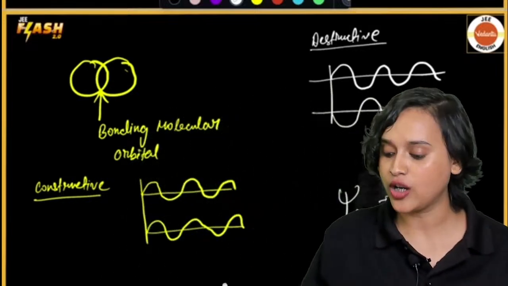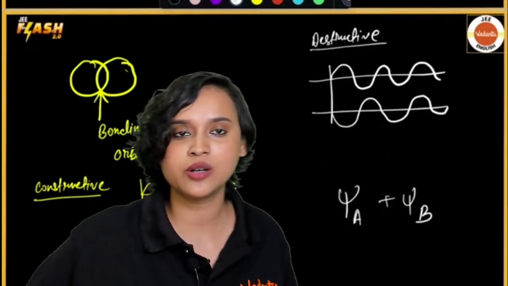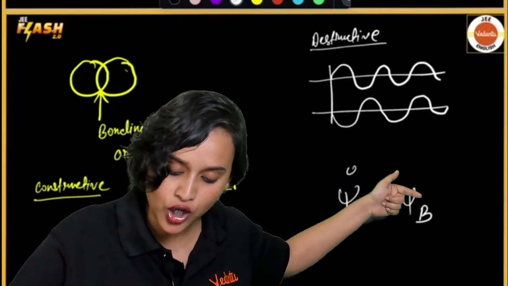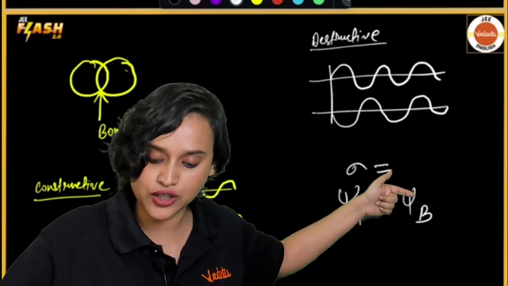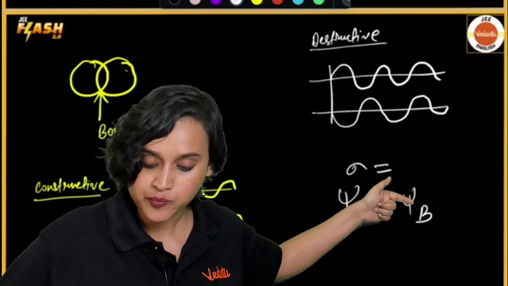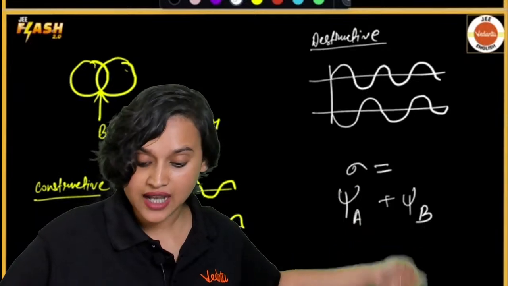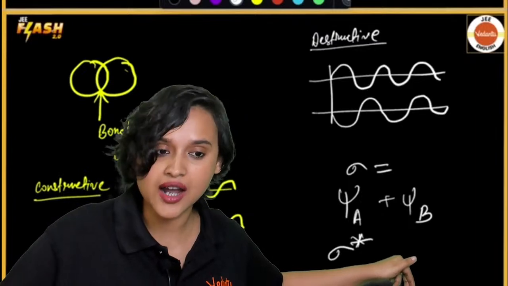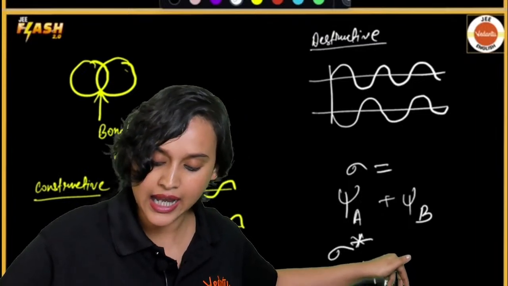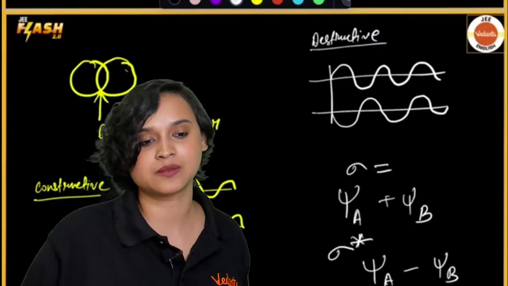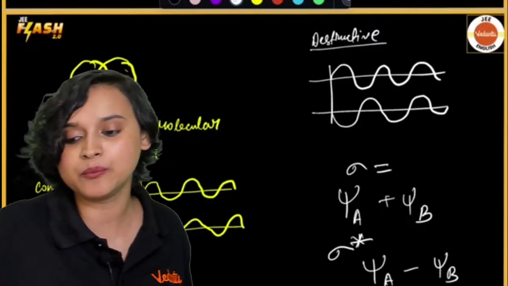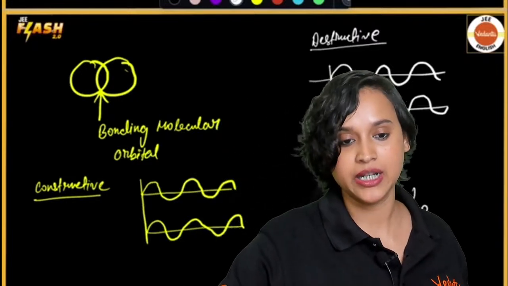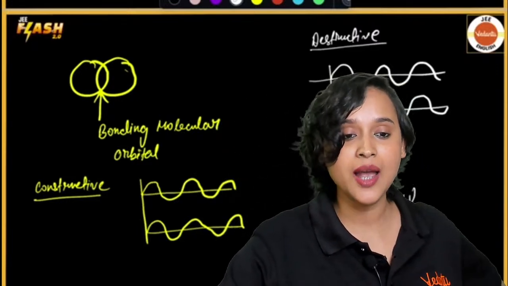In that, when we talk about constructive interference, our bonding molecular orbital sigma is equal to psi A plus psi B. After destructive interference, you get sigma star, where psi A minus psi B takes place. So this is called anti-bonding. Am I clear, guys?